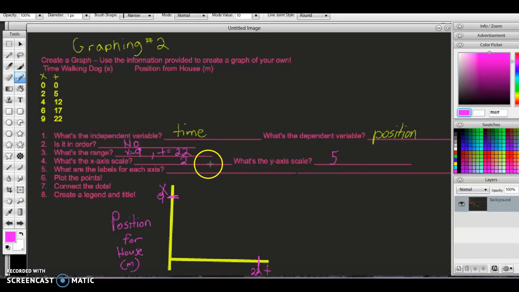And then right there, position from house. And the label for the x-axis is going to be time for walking the dog. And I'm just going to put time here.